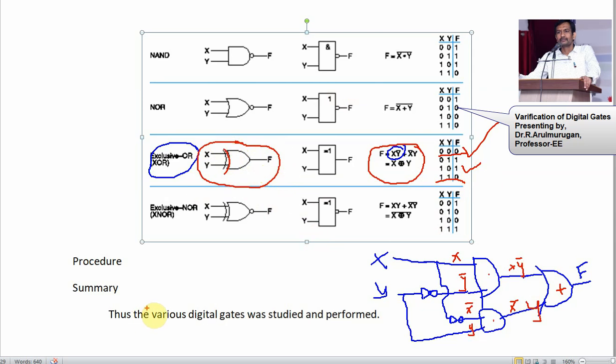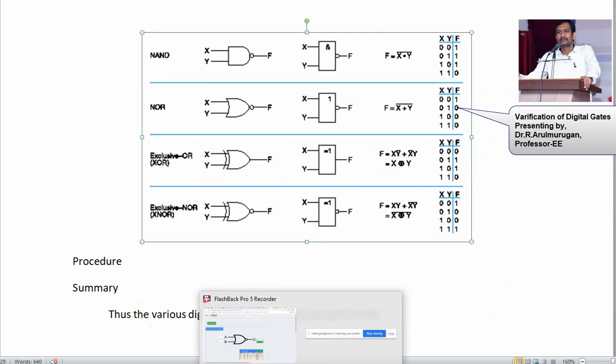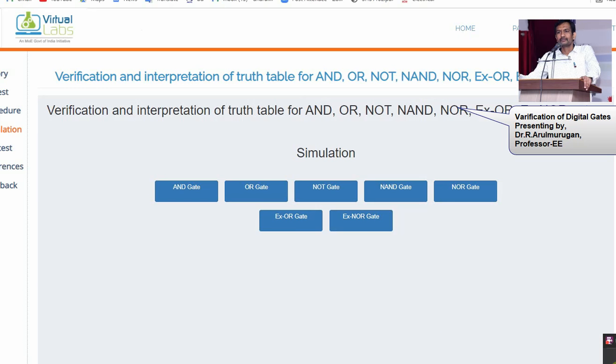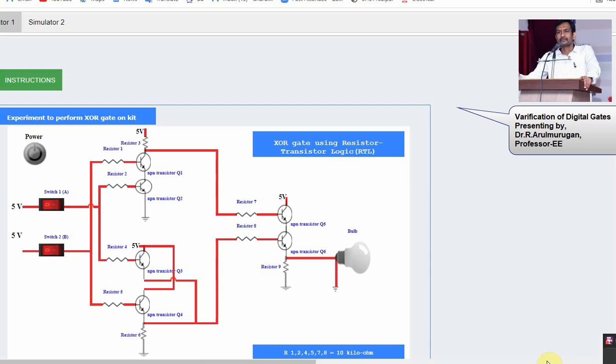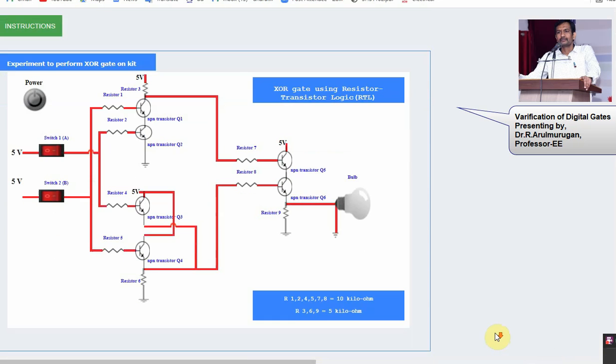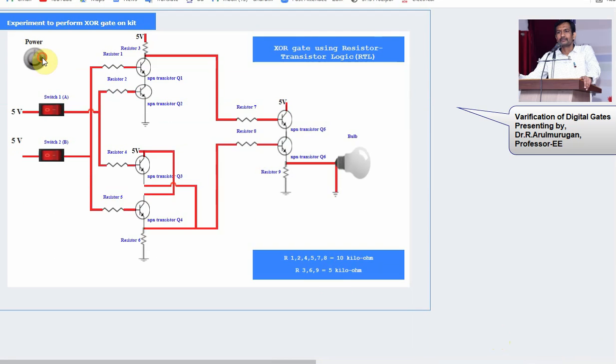So let's go with the verification. Exclusive OR gate, XOR gate. So if any one is present, the output is present. Any one switch on, output is present.